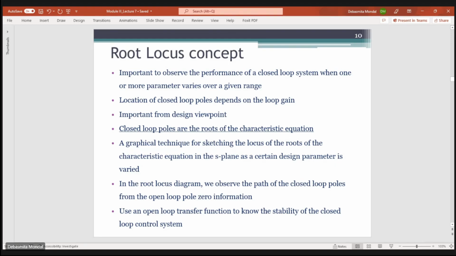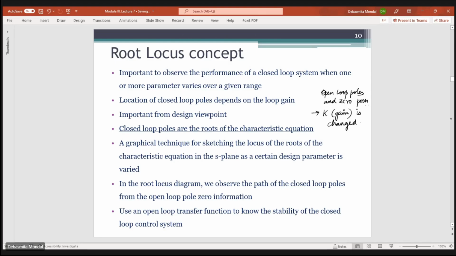Certain design parameter means the following. Our main aim by drawing this root locus plot is that if you have the information about the open loop poles and zero positions, and now you are changing the value of k, the gain, then if you have a feedback system, the position of the closed loop poles will change, right?